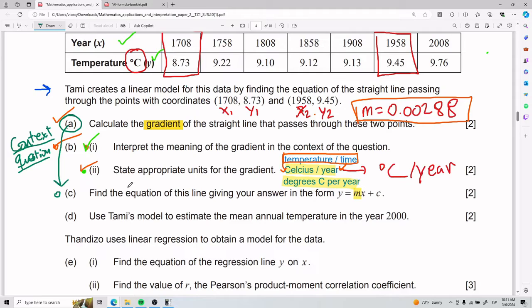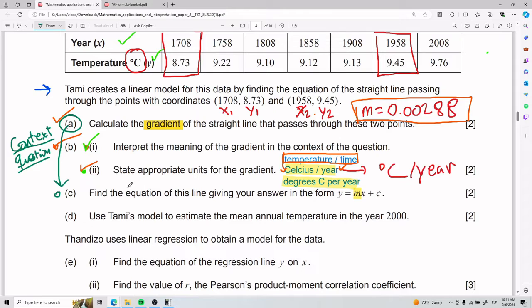Interesting. Why is this worth knowing? Because it's a hint of the path you need to take if you realize that part C needs something from part A. Usually part C needs something from part B, but part B is a context question.